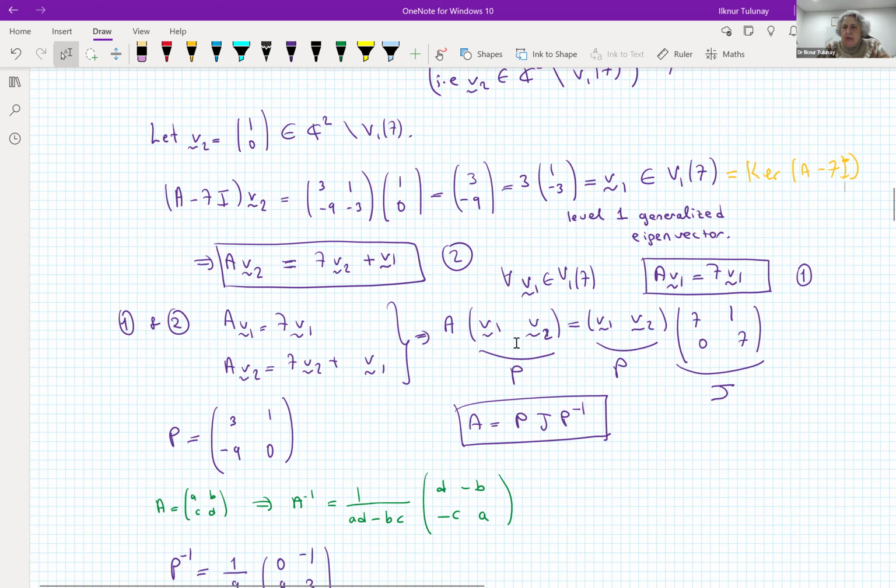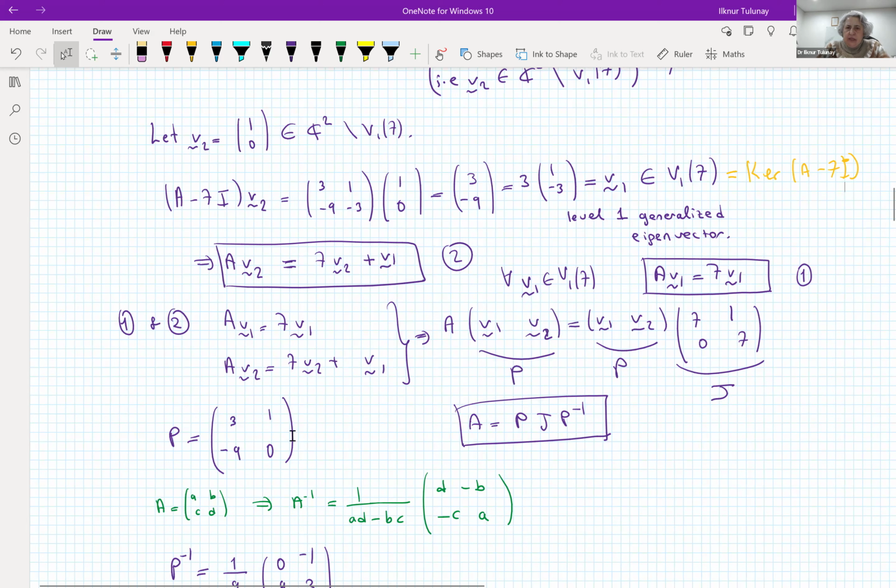This matrix is called P, and this matrix is the J matrix, the Jordan form that we calculated previously in the question. If you multiply by P inverse from the right-hand side, you will have a P inverse here. But since you have a P here, P times P inverse gives the identity on the left-hand side. You are left with only A. So A is equal to PJP inverse.